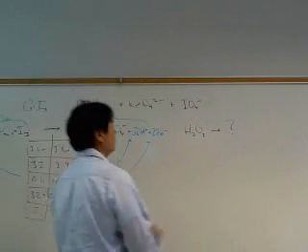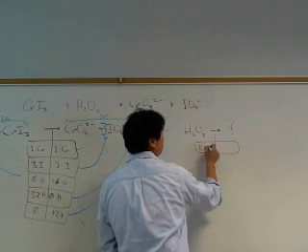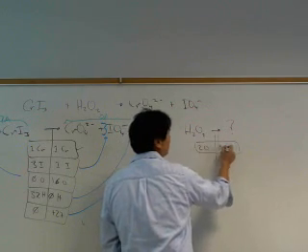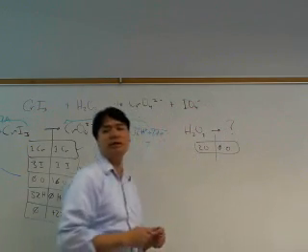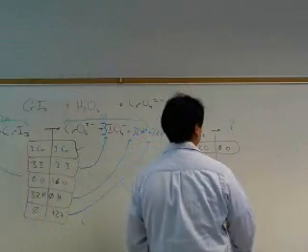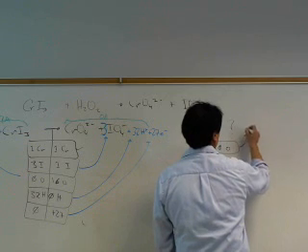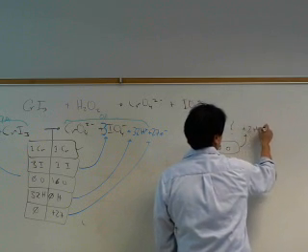All right, now let's go over to hydrogen peroxide and let's balance this. We have 2 oxygens on the left, 0 oxygens on the right, and so we need to add plus 2 H2O.